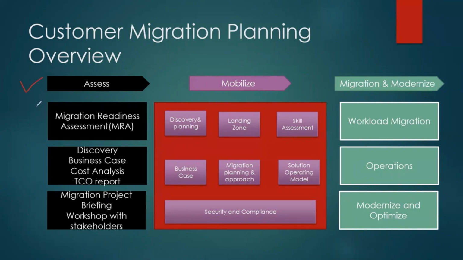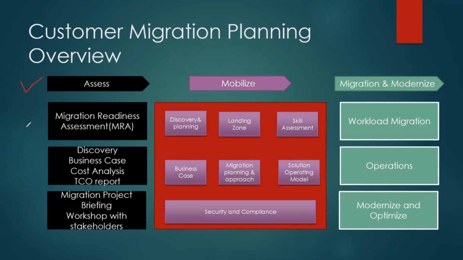In the assess part, we will use various tools to assess the current infrastructure of the customer. We will assess the readiness of the customer environment, how much it is ready, from various aspects: from the business part, the financial part, and from IT infrastructure and applications. Based on how ready the environment is to migrate to the cloud, we prioritize the things which can be migrated first.